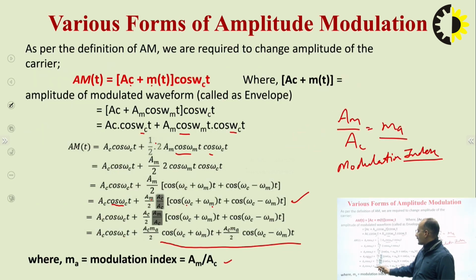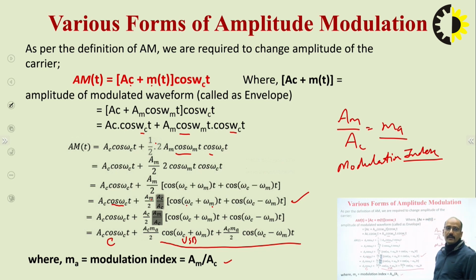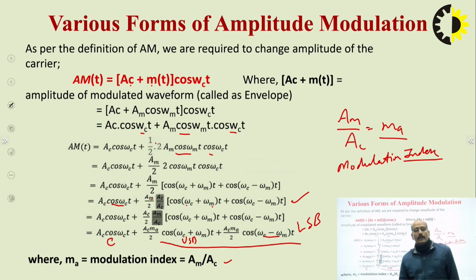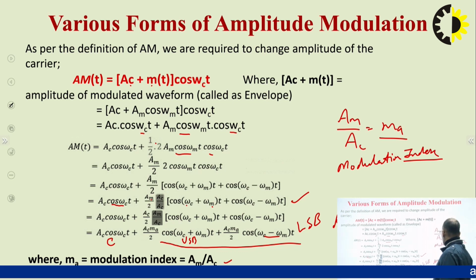Now the second part, cos omega C plus omega M, is known as the upper sideband, and its frequency is omega C plus omega M. Similarly, the third part denotes the lower sideband, and its frequency is omega C minus omega M. This gives us the basic AM equation.